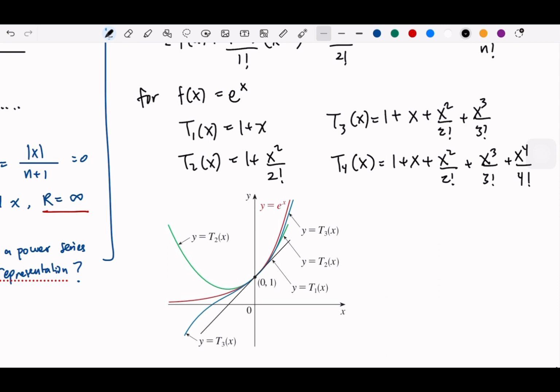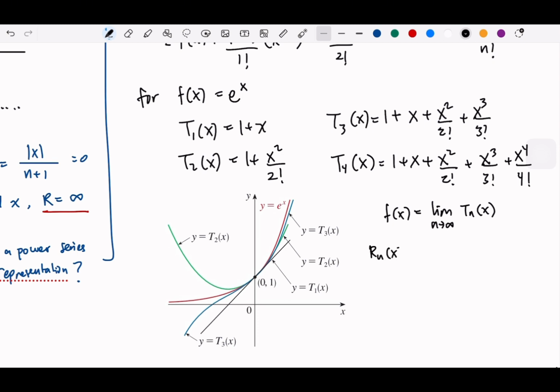Okay. So we can write here that's actually our f of x. We can write it in terms of a limit. And if there are some spaces in between the T and our f, let it be a gap, that we usually name as the error or the R or remainder.